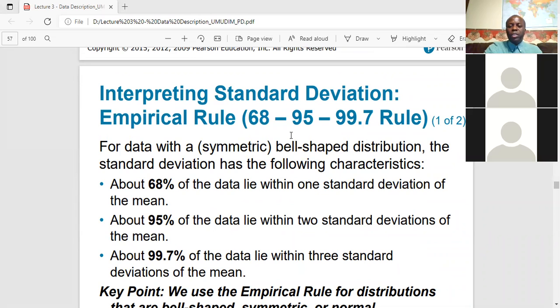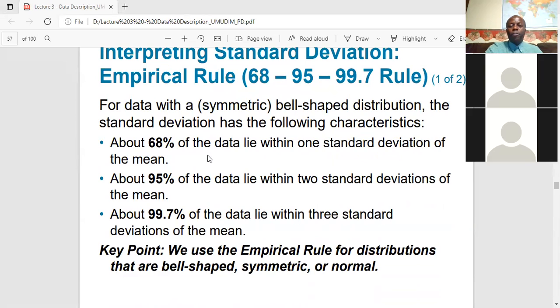So what does the empirical rule say? It says for data with a symmetric or bell-shaped distribution, the standard deviation has the following characteristics. 68% of all the data values lie within one standard deviation of the mean. About 95% of all the data values will lie within 2 standard deviations.